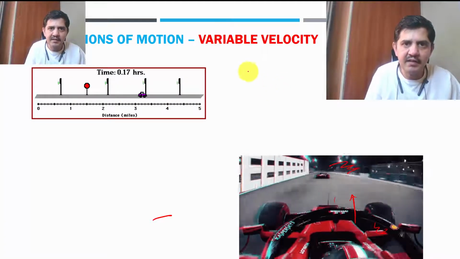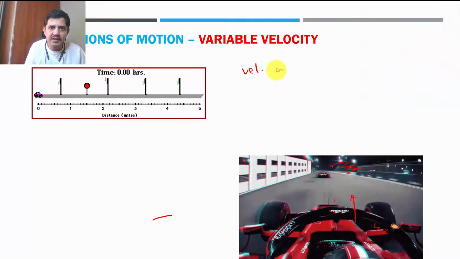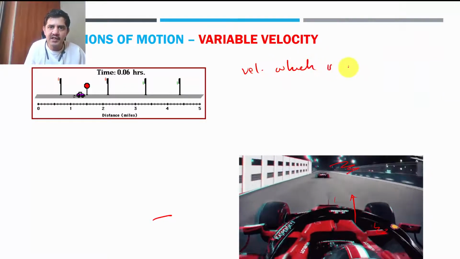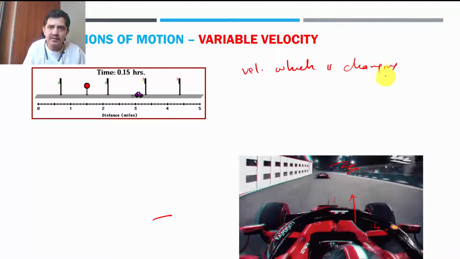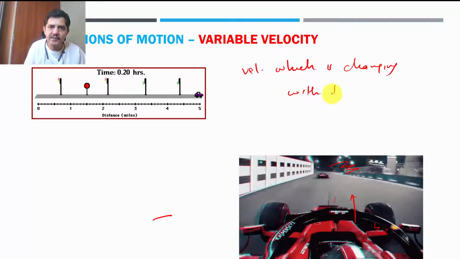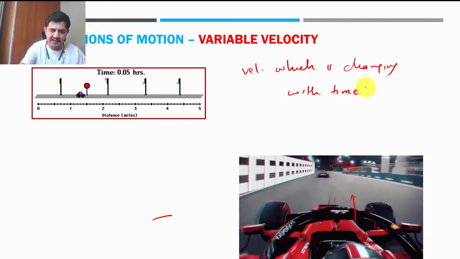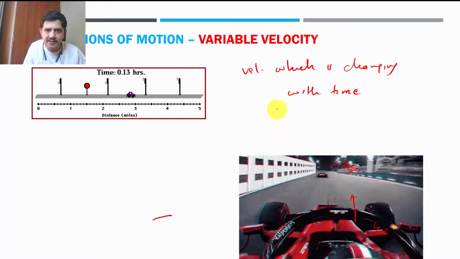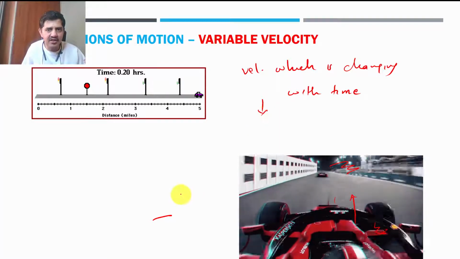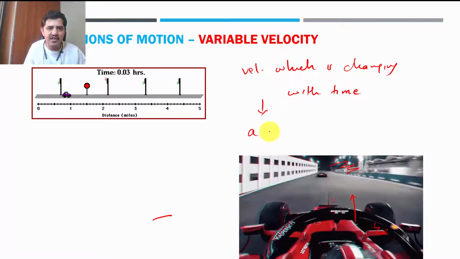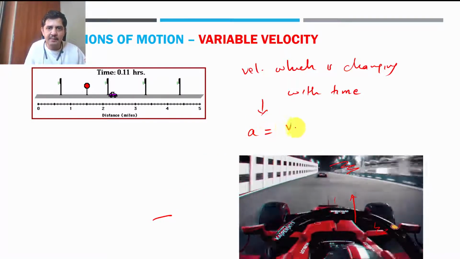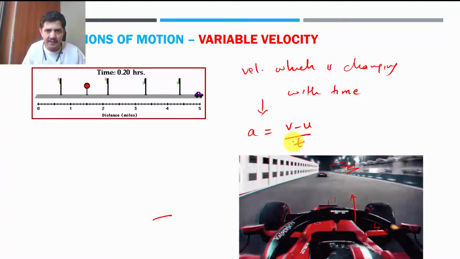That means the velocity which is changing with time is what you call variable velocity. Do we have acceleration here? Of course, you do have acceleration, because acceleration is given by v minus u divided by t.